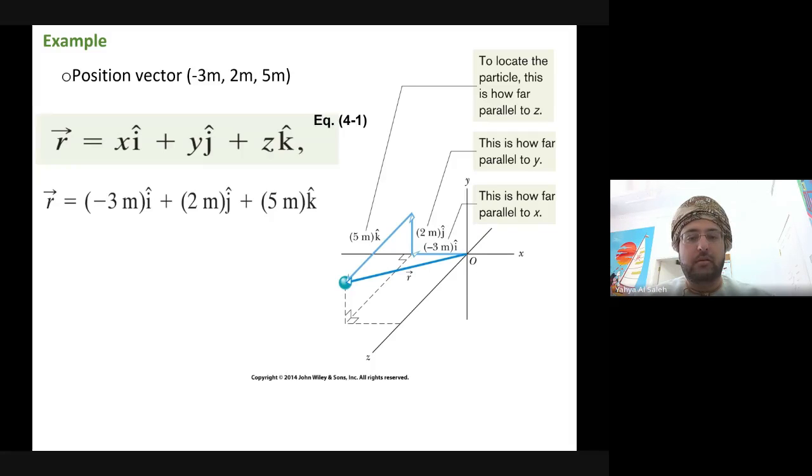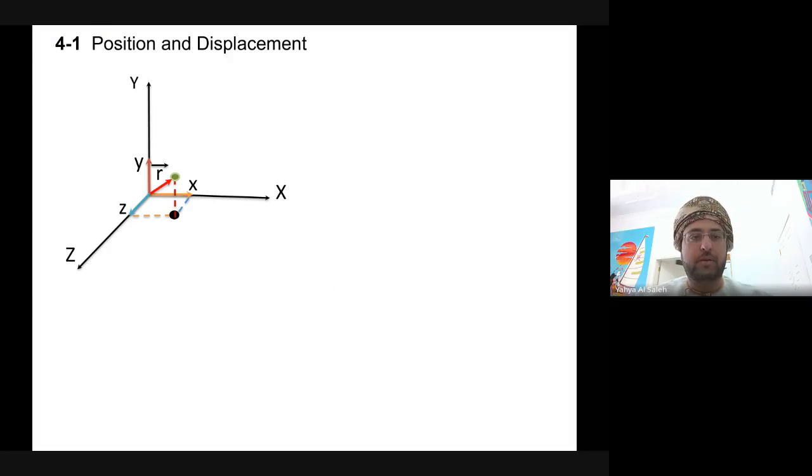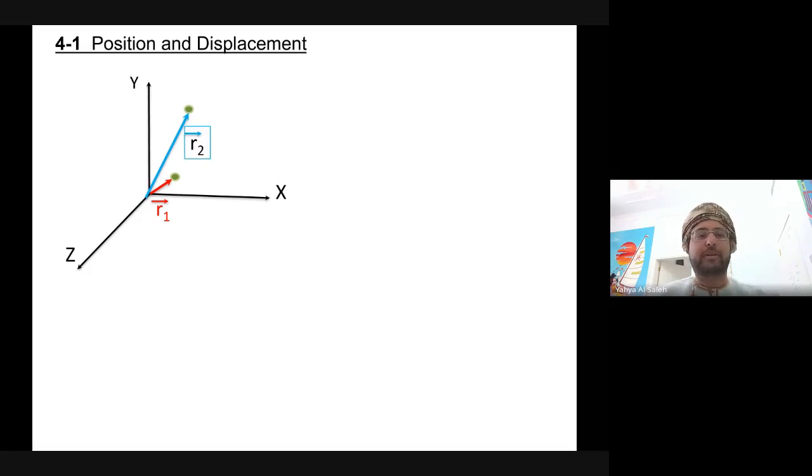Very simple, no complication. So how do we define displacement? If I go from point 1 to point 2, from R1 to R2, how do I define my displacement?